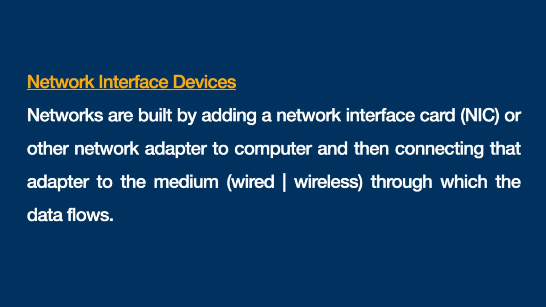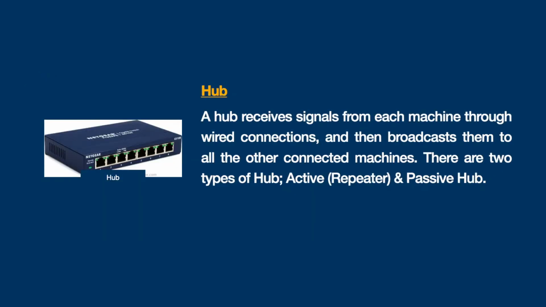For your system to work with the internet, to be connected to other network devices, you must have what we call a NIC, the network interface card, or another network adapter, and then connect that adapter to the medium, that is the wire.